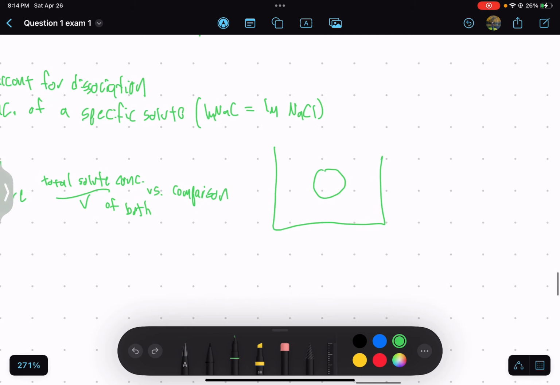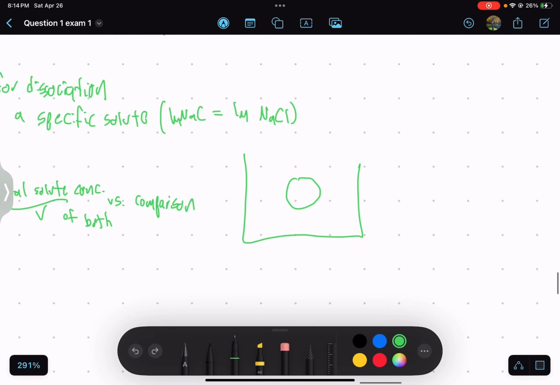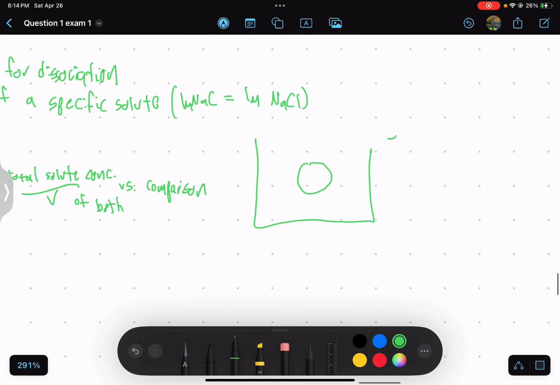So let's give some examples and teach some vocab here about isoosmolar, hypoosmolar, and hyperosmolar.